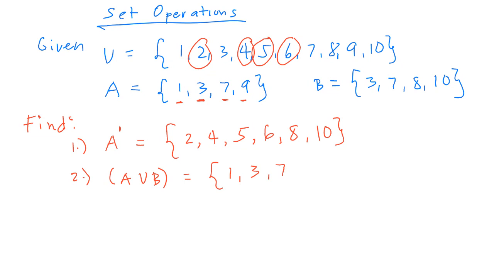Then also 7, and then we have 8, and then 9, and then 10. Okay, so that's A union B. So 1, 3, 7, 8, 9, 10.